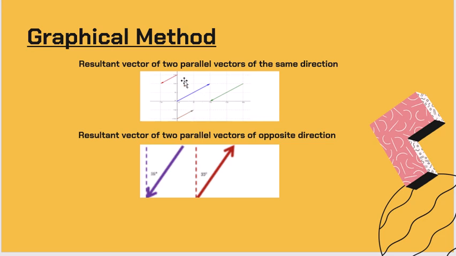Either of the two, the one above or below with a different direction, is almost the same or parallel to each other. When we are talking about parallel, two lines are not intersecting with each other. Resultant vector of two parallel vectors of opposite direction. So, they are opposite in direction, but they are focusing on the same angle.